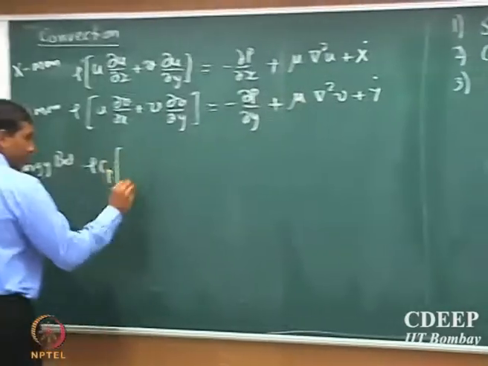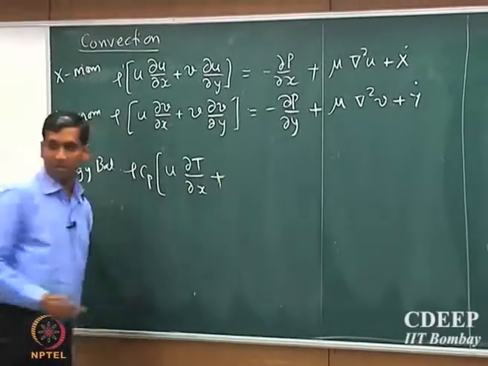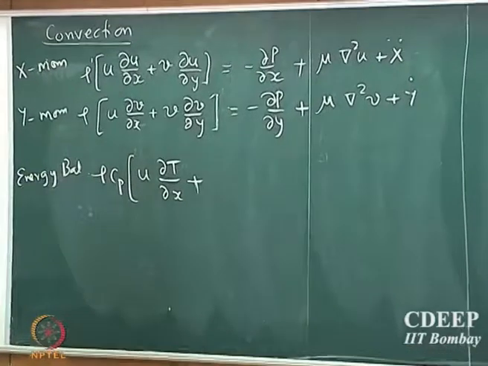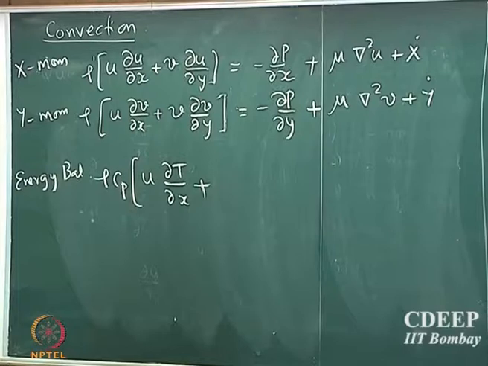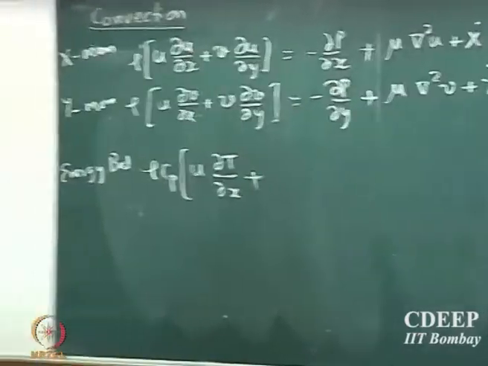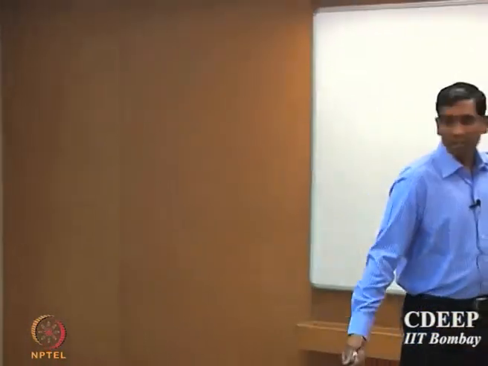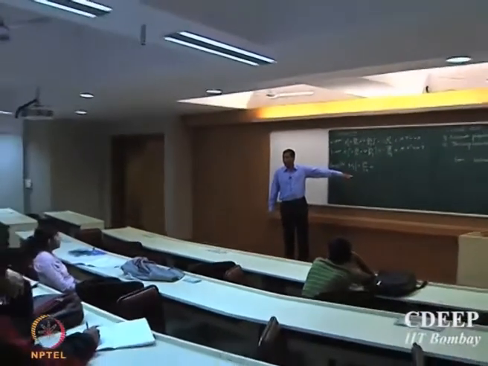Rho Cp U dou T by dou X, viscous dissipation, right? That's what convection accounts for. That's what convection is already taking into account.